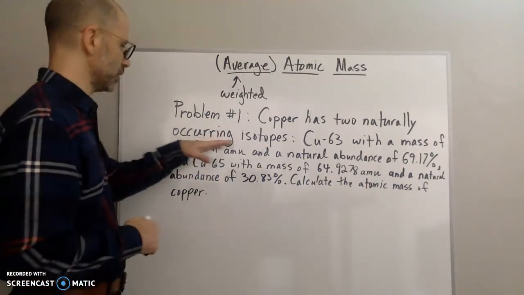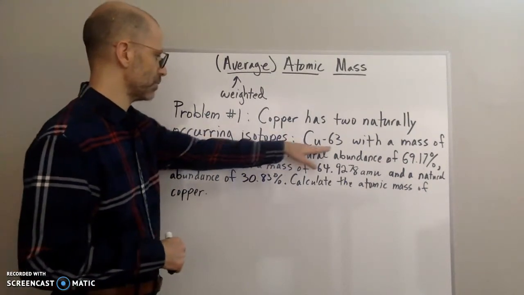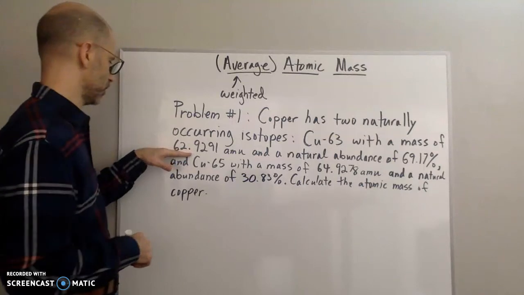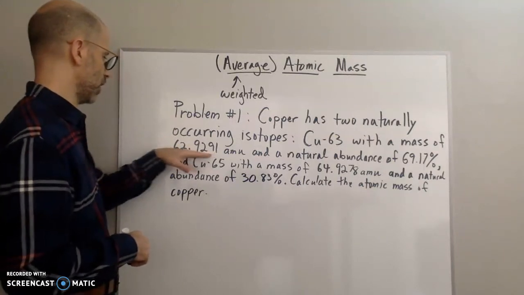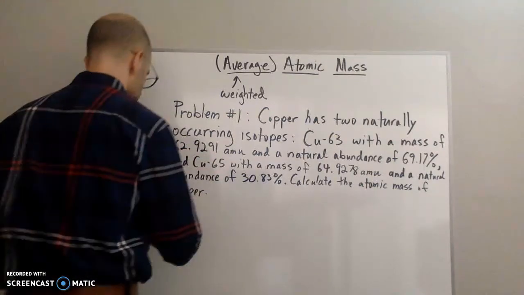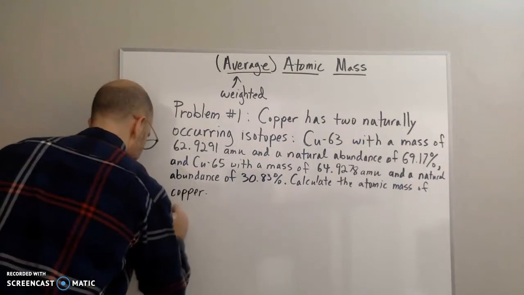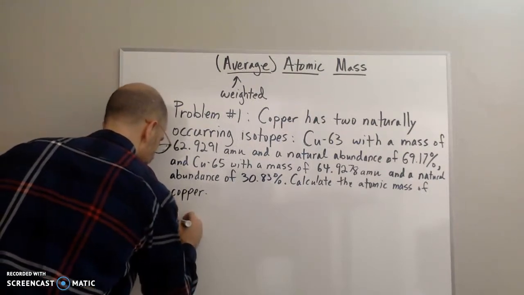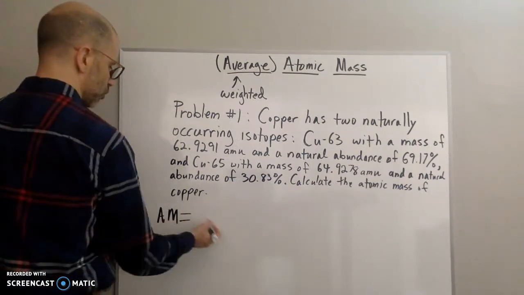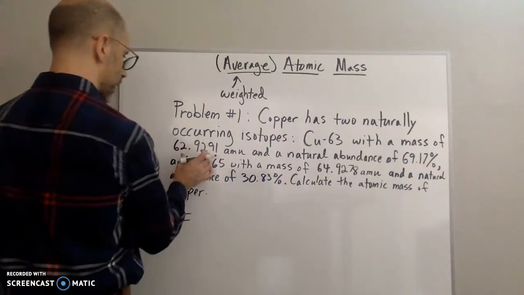So our first isotope is copper 63. They give us a mass of 62.9291 AMUs.